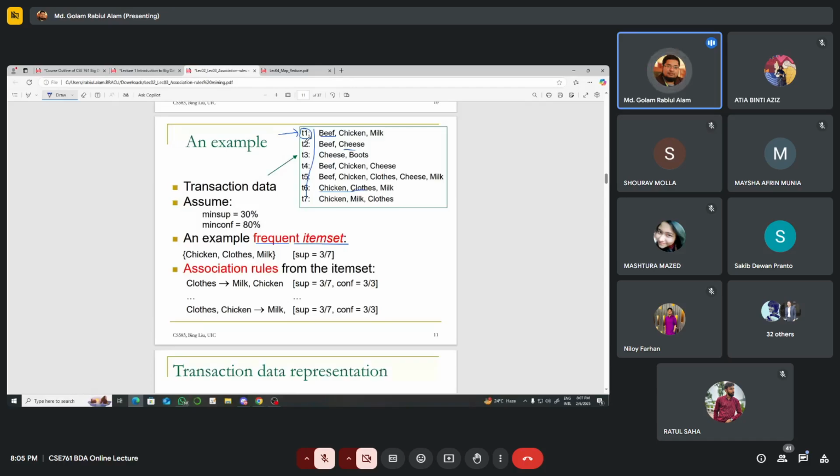If we have a small amount of data, usually in association rule mining we want to find the frequent item set, like chicken, clothes and milk. How many times are these three items purchased together? For a small number of transactions, we can check each one. In transaction one, chicken, clothes and milk are not purchased together.